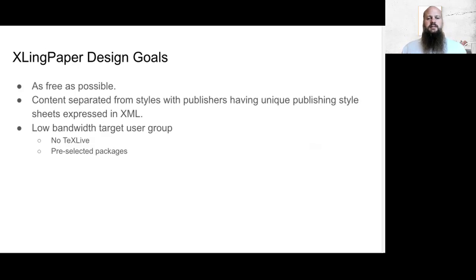A core idea in XLingPaper has been to keep the content independent of the final publisher style, and to allow the abstraction of publisher styles so that one can take a document from one publisher style to another, and give the author some flexibility in that regard.